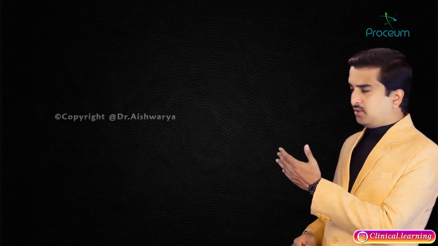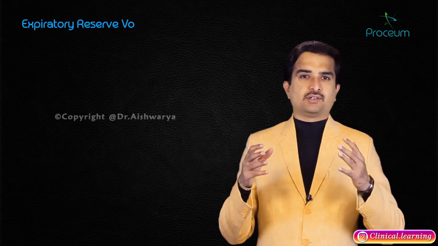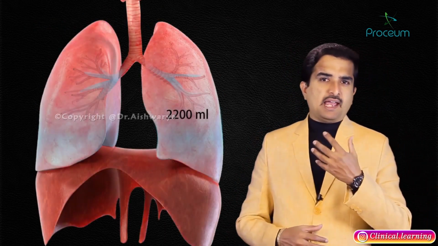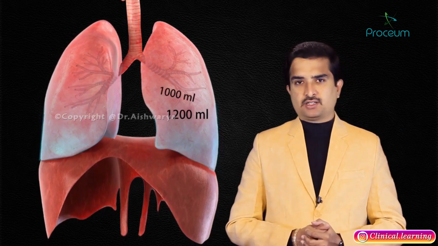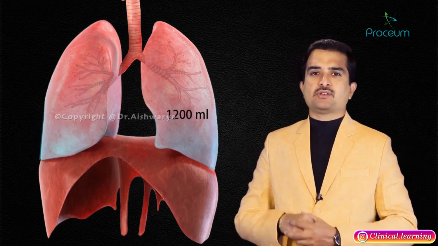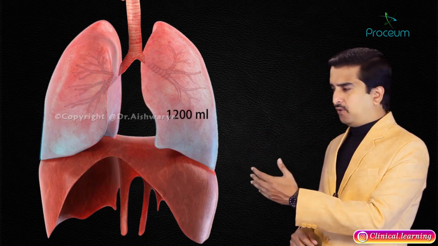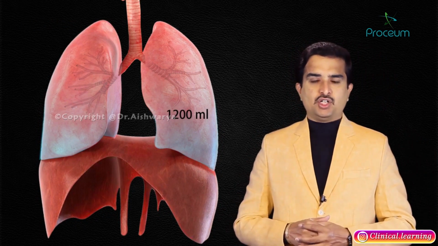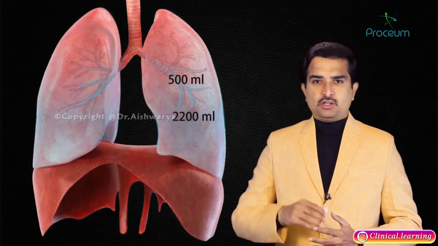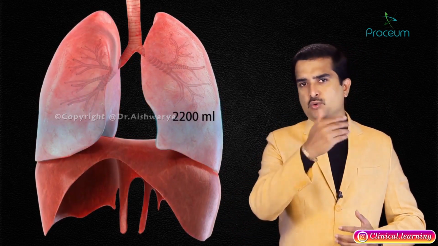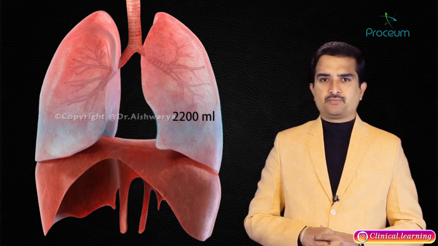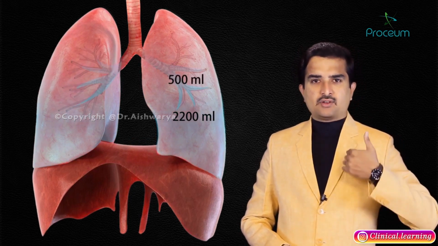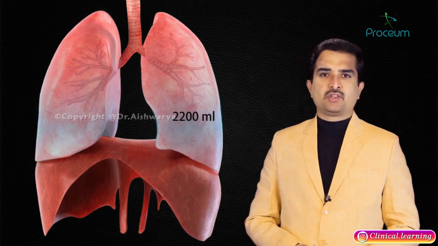The next one is the expiratory reserve volume. The volume expelled by an active expiratory effort after passive expiration is called the expiratory reserve volume. During tidal volume, the normal amount of air that comes out is 500 ml, so a person takes 500 ml in and exhales 500 ml out.